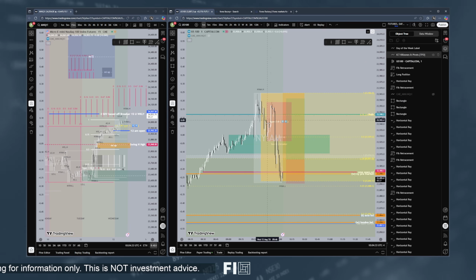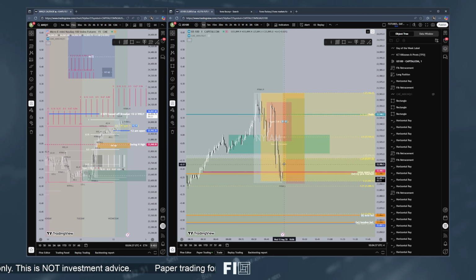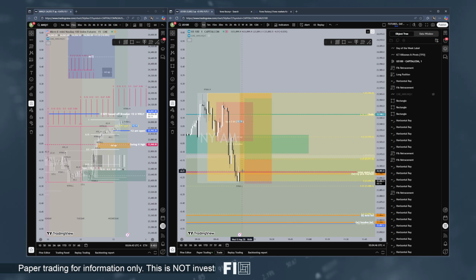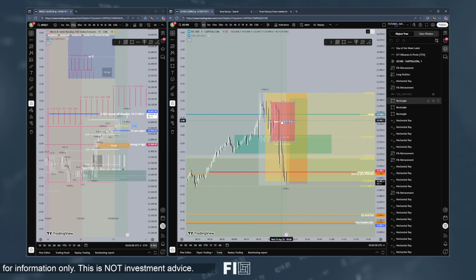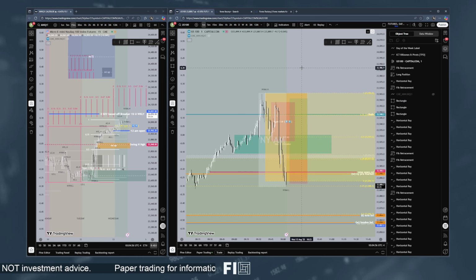Price is going to tap down here to this low, make its little low, expand higher, possibly create the displacement that we need, and then we can get on an order block below that, and then continue that buy program aggressively high. That's the entry that we've been looking for as well.